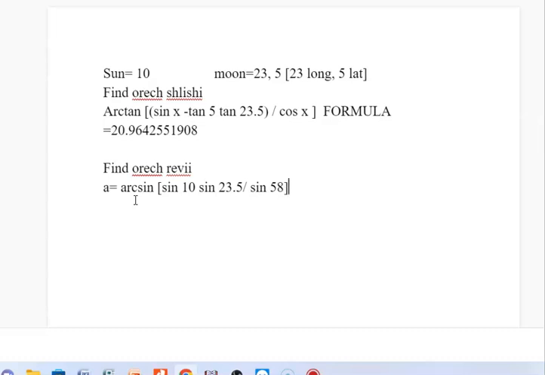You solve for A. And if you do it with a calculator, again, I recommend you first do sine 10, you do it the easy way, times sine, you don't have to make times, you can skip the word times, sine 23.5, it automatically makes times, then divided by sine 58. It's 0.08164879.